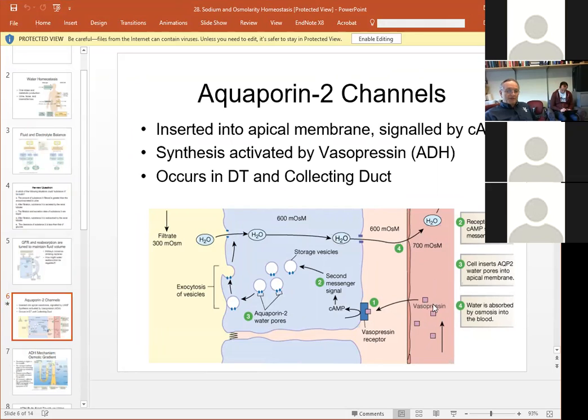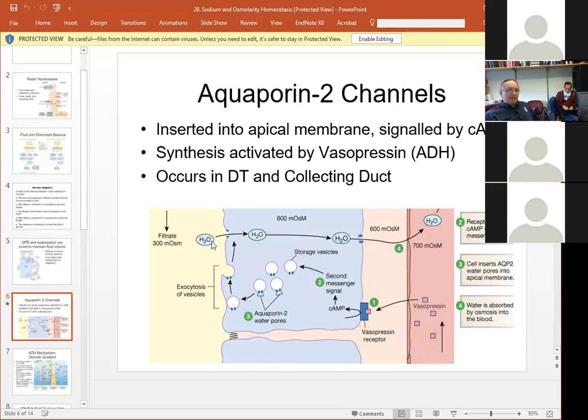The vasopressin, or antidiuretic hormone, binds to receptors. It gets out of the bloodstream, stimulates the production of cyclic AMP, which stimulates the deposition of aquaporin into the apical membrane lining the lumen of the nephron. This would be in the collecting duct and distal convoluted tubule.